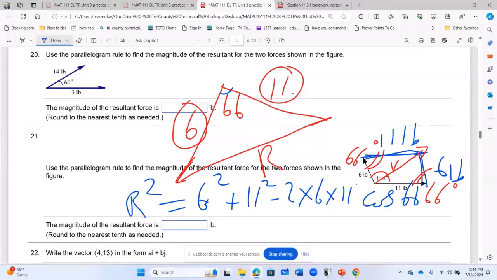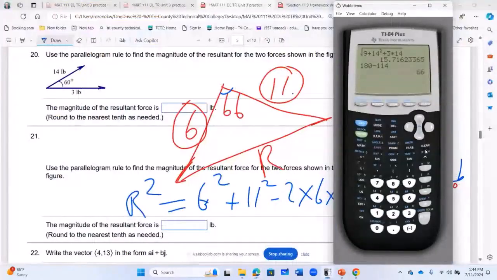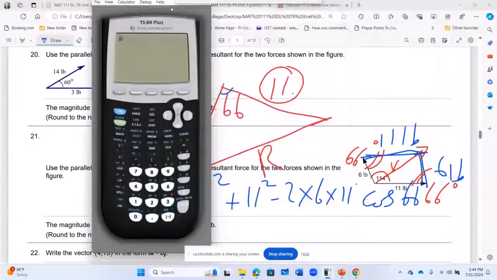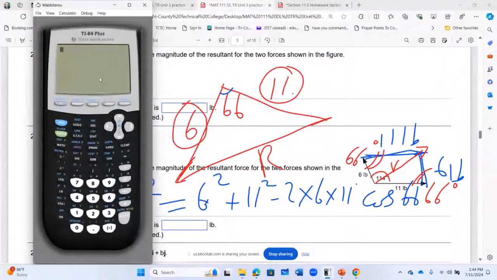And then I can pull them into my calculator like that. So I just get my calculator clear. And then I want to find the square root of the quantity on the right-hand side. So I do second square root.